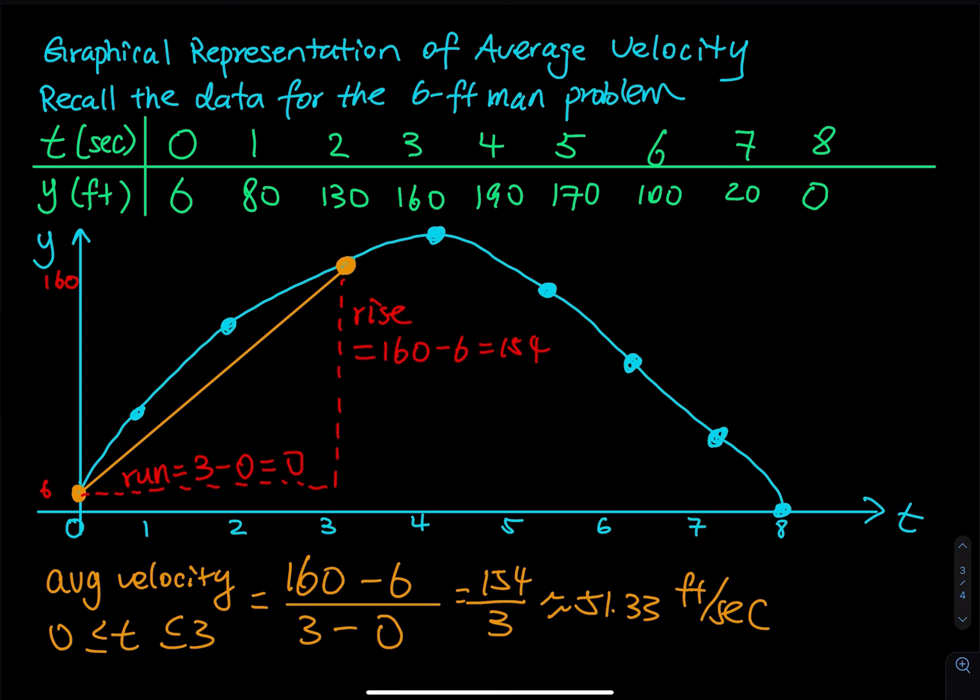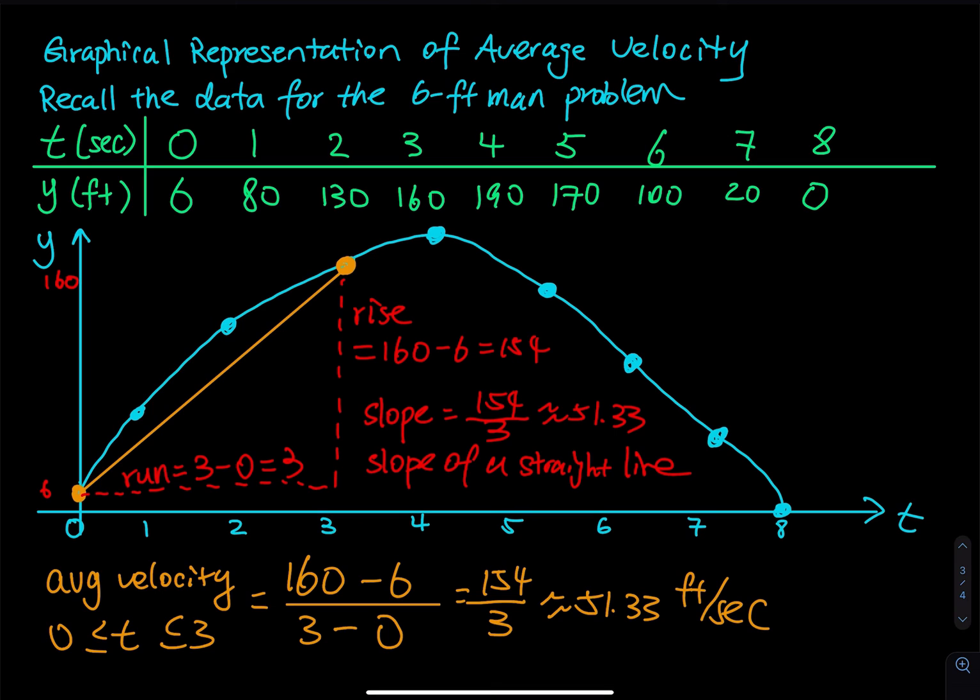And then the slope is rise over run, which is 154 divided by 3, that is approximately equal to 51.33, which is the slope of a straight line.